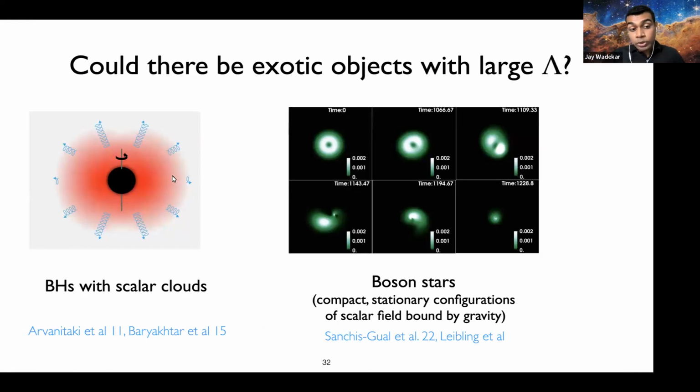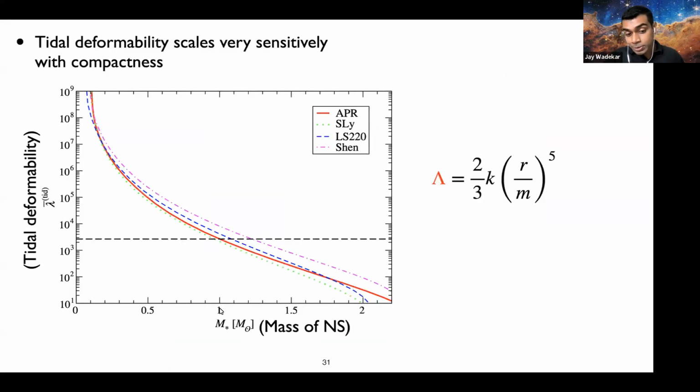Here you can get significant tidal deformability because of these axion clouds around black holes. Black holes on their own do not have any tidal deformability, but with these additional effects they could. So you can have objects greater than 1 solar mass, for example, with a large value of lambda from these exotic theories.